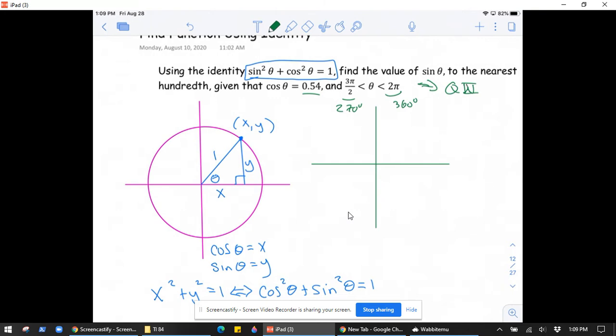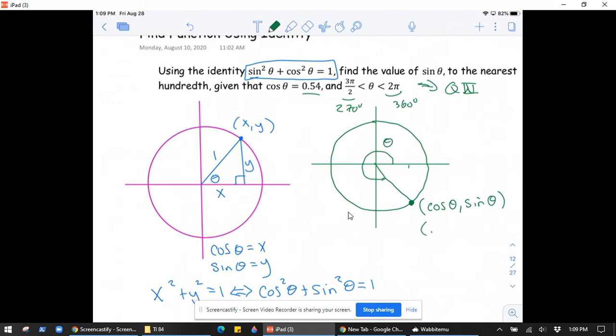So let's imagine we're in the unit circle. We're in quadrant 4. We know that cosine of theta is 0.54. That's the x coordinate of this point here. So imagine you've rotated theta. It brings you there.